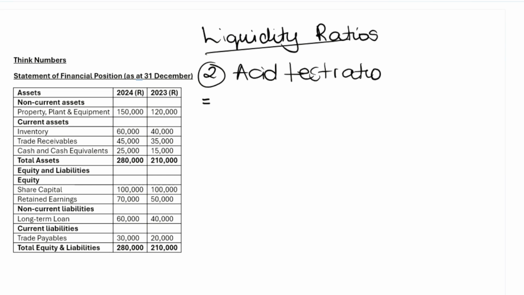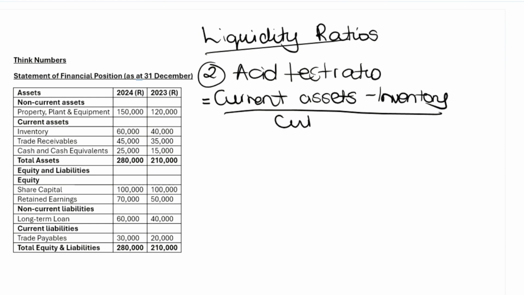So what we're looking at with the asset test ratio is, are we still liquid without considering our inventory? We'll take our current ratio, but tweak it a little bit and remove our inventory, and still divide that by my current liabilities.